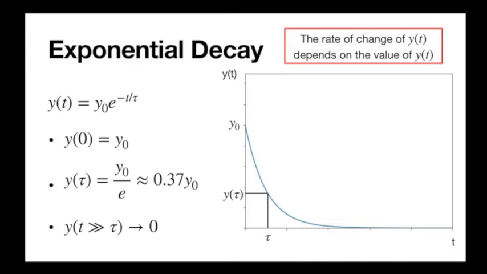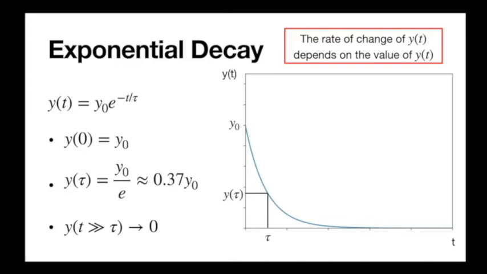Let's plug in time equals 0. So y of 0. If I plug in 0 to this equation, one of the key things about exponentials we need to know is that e to the 0, or e to the negative 0 over tau, which is just e to the 0, is 1. In fact, anything raised to the 0 is 1. 2 to the 0 is 1, e to the 0 is 1.